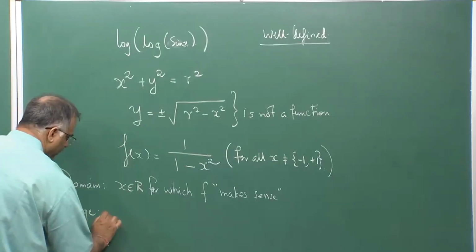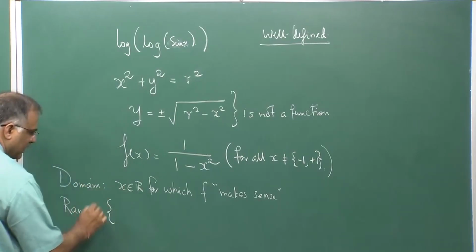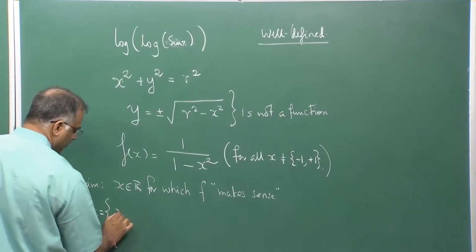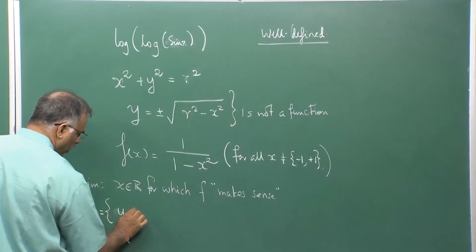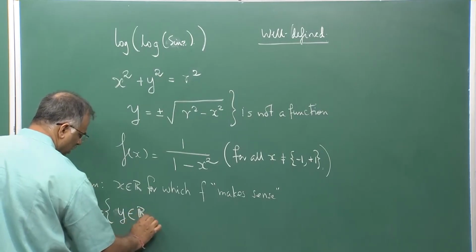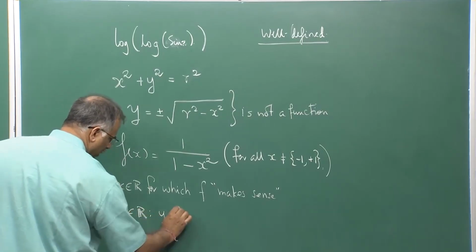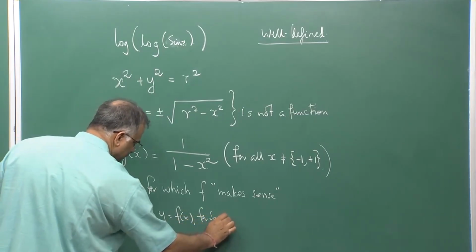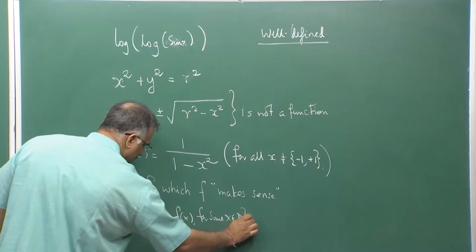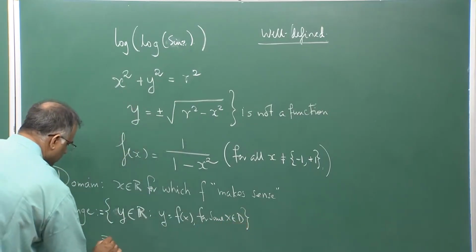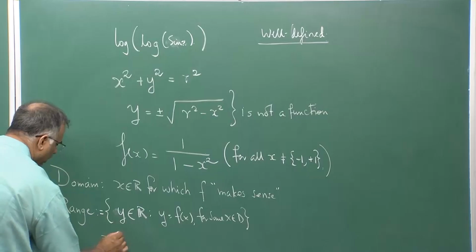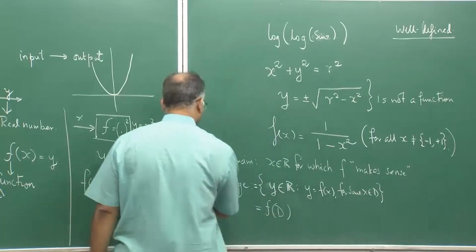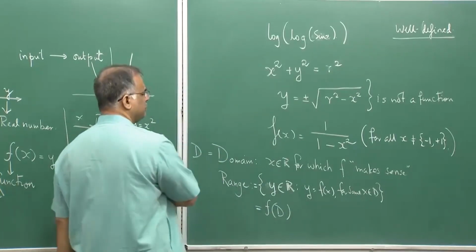So, range of f is sometimes defined as a set. I am assuming that you know what a set is, the set of all y in R such that y is equal to f of x for some x in D. From a more compact point of view, I can simply write it as f of D if I call D the domain.